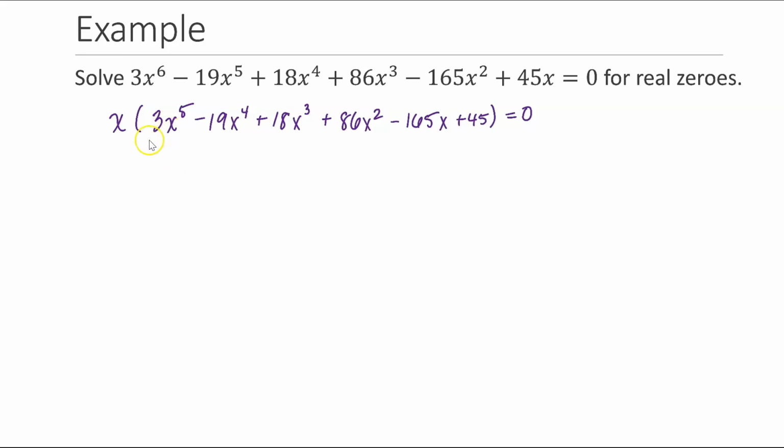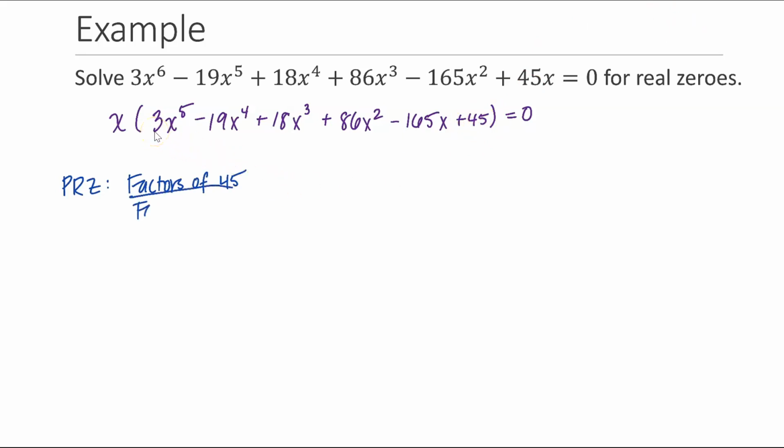However, that's not going to be helpful in terms of using synthetic division. So what I have to do is look at the remaining degree 5 polynomial and find the list of possible rational zeros for this degree 5 polynomial. So I'm going to go ahead and start that list of possible rational zeros. So it's going to be the factors of 45, the last constant term, over the leading coefficient 3.